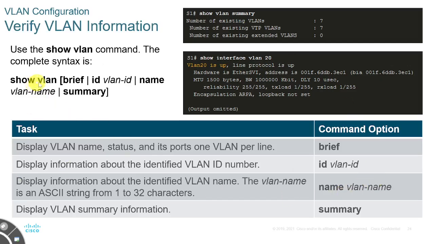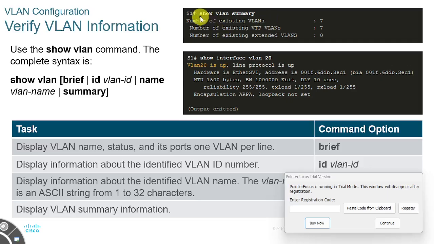If you use show vlan name and VLAN name student, it displays information about the VLAN name, which is student. The VLAN name is an ASCII string from 1 to 32 characters. Okay. Summary, show vlan summary, displays VLAN summary information as here.